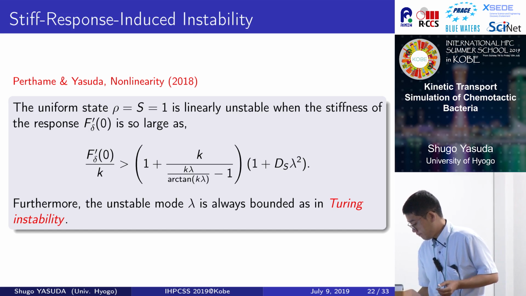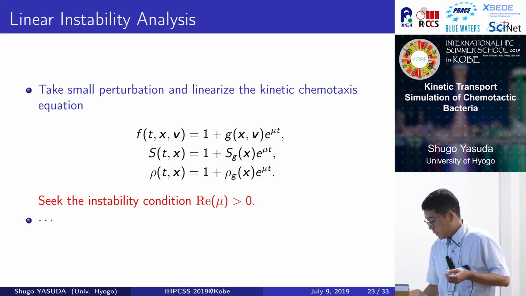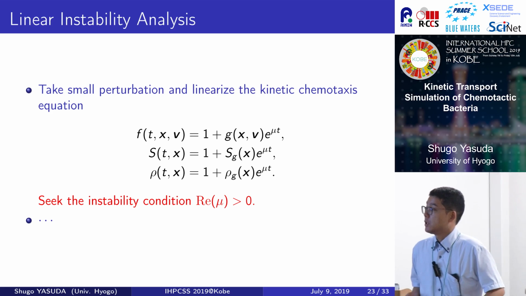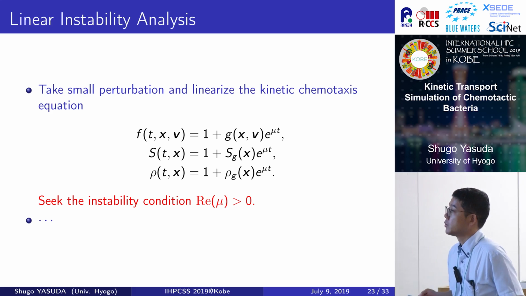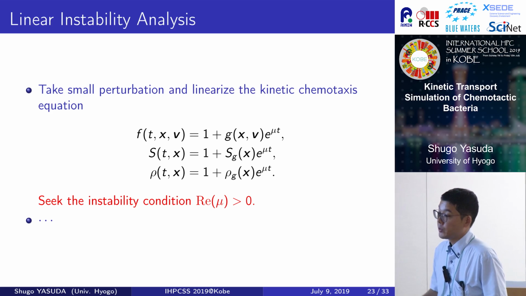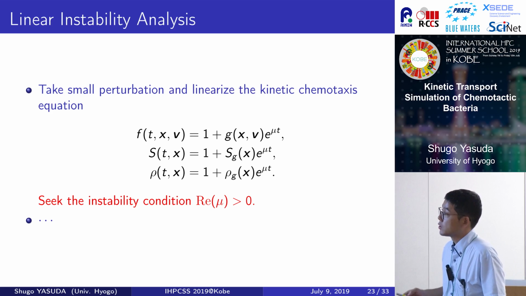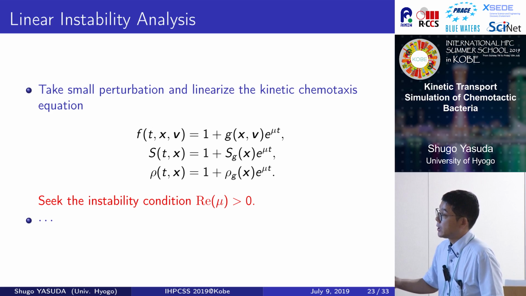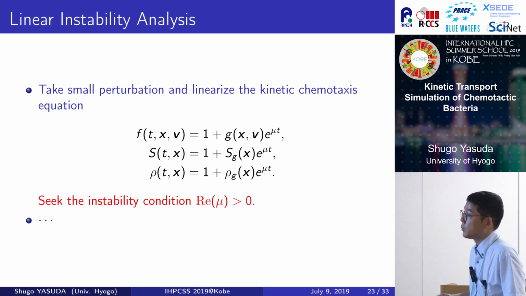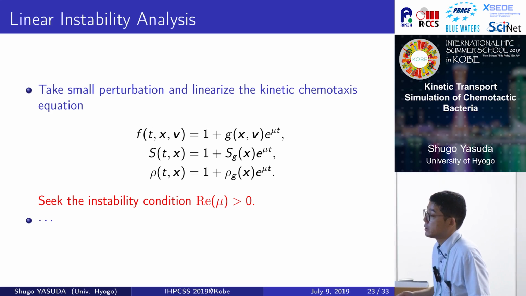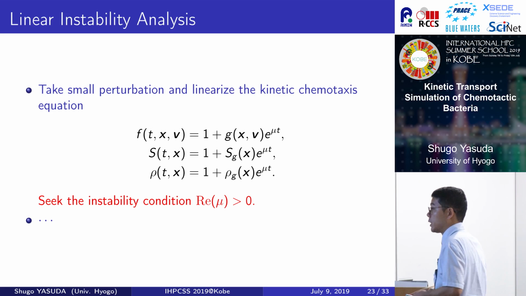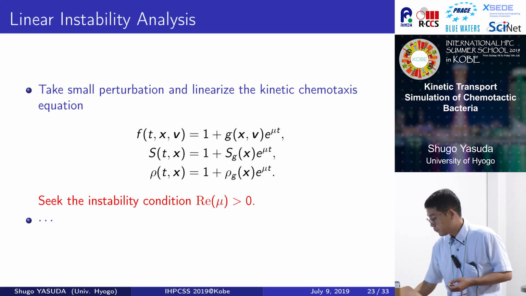The linear instability analysis is the usual one. We consider a small perturbation around the uniform state, linearize the kinetic chemotactic equation, and seek the instability condition where the real part of the eigenmode is positive.